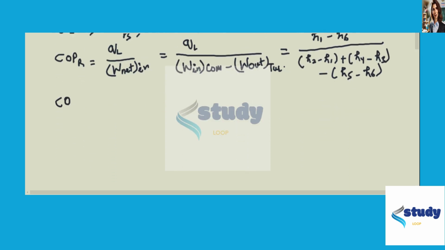So coefficient of performance of refrigeration, we will write (T1 minus T6) divided by [(T2 minus T1) plus (T4 minus T3) minus (T5 minus T6)].